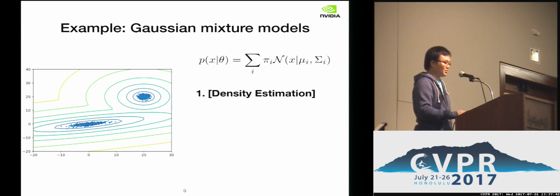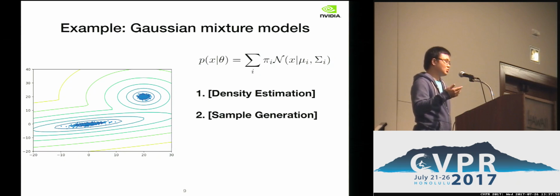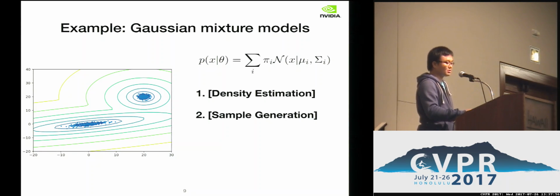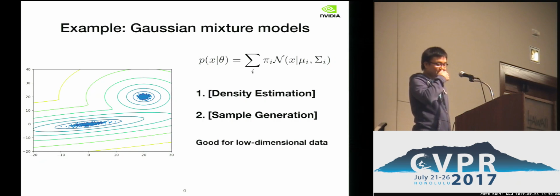With this model, we can do density estimation. When a new sample comes, we can measure the density, that is, how likely this sample is to come from the distribution, and we can sample new points, like those points from the data sets. This is a very nice model, but it's probably only good for low-dimensional data.